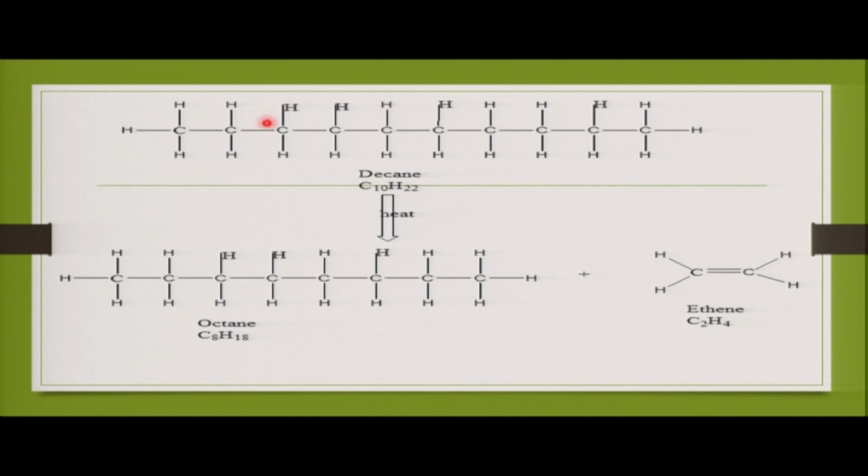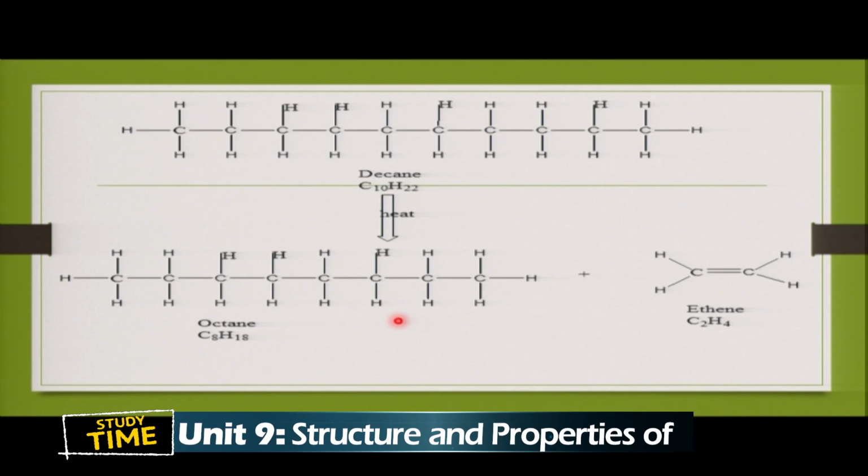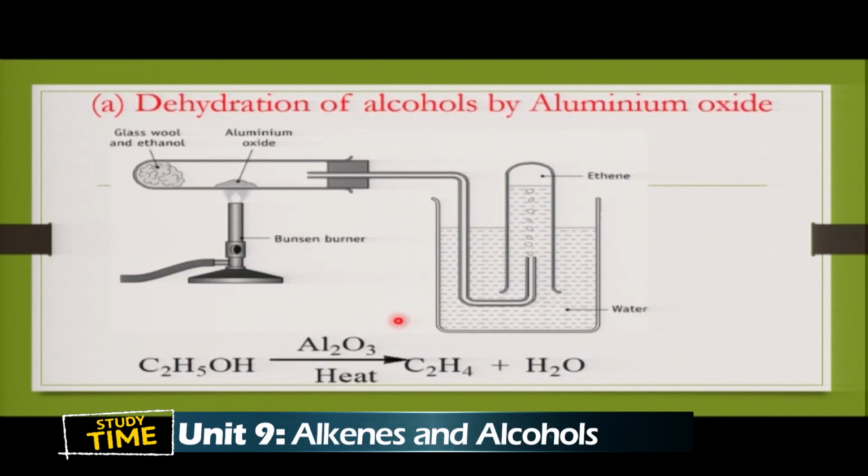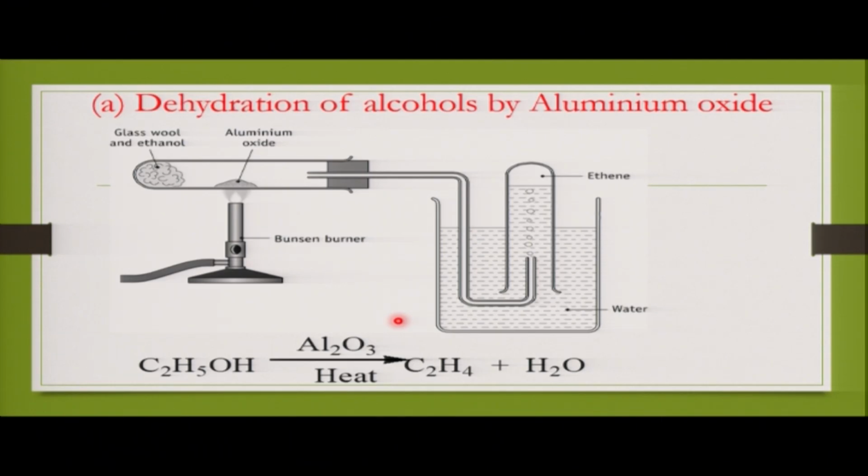So a long-chain alkane is broken down to produce an alkane with fewer carbon atoms and an alkene. These are very important. Another method is dehydration of alcohols using aluminum oxide. They are dehydrated. Look at the screen.